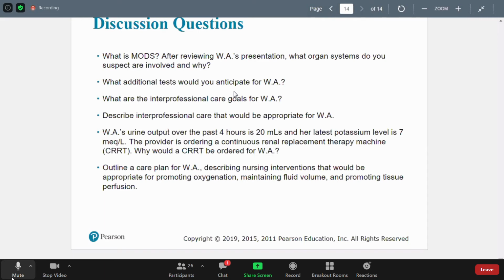What are the interprofessional care goals for WA? Tissue oxygenation. Okay. First, you have to know where the underlying infection is and treat the underlying infection. And fluid balance, I's and O's, daily weights, possible... These are the interventions.